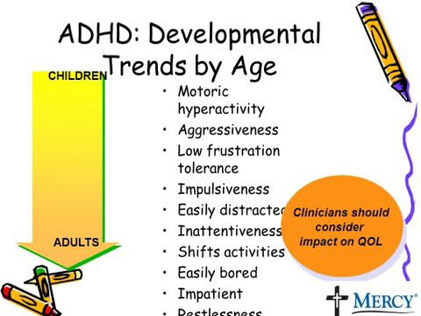But the hyperactivity you may see more in the preschool, kindergarten, first graders. The impulsiveness, the easily distracted, inattentive, shifting activities, constantly moving from one thing to another, very easily bored, impatient, restless.